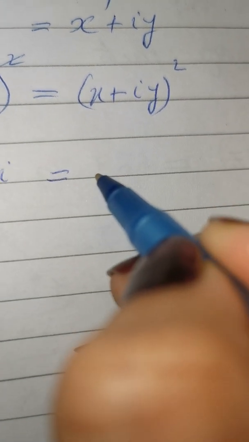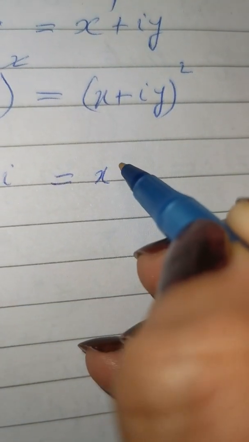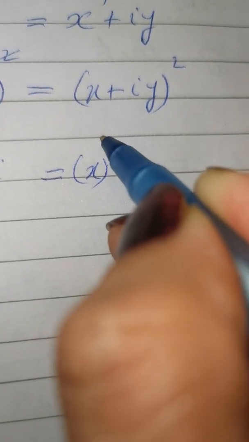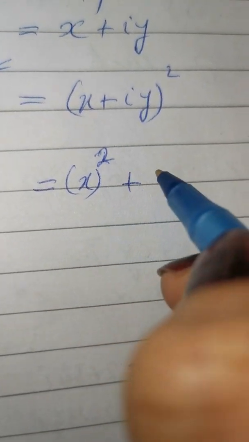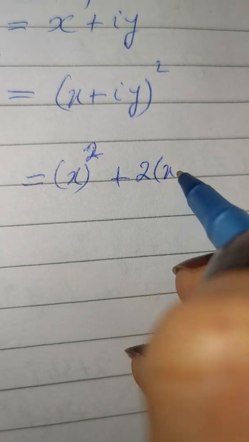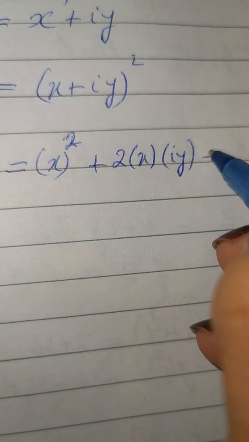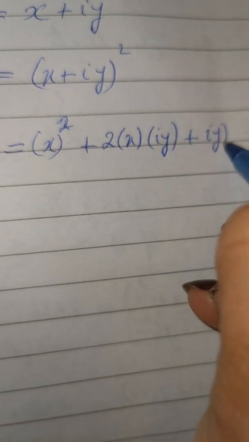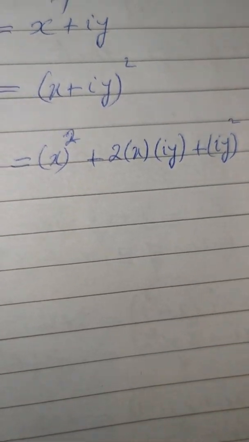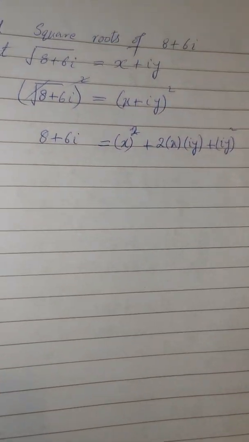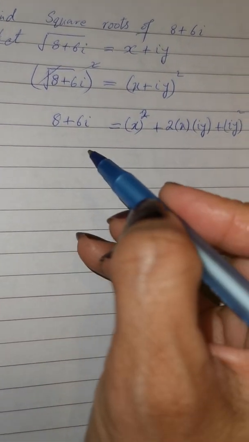But here, when you take the square of x plus iota y whole square, it means first term square plus 2 times first term times second term plus second term whole square, right? I am using the formula of a plus b whole square here.